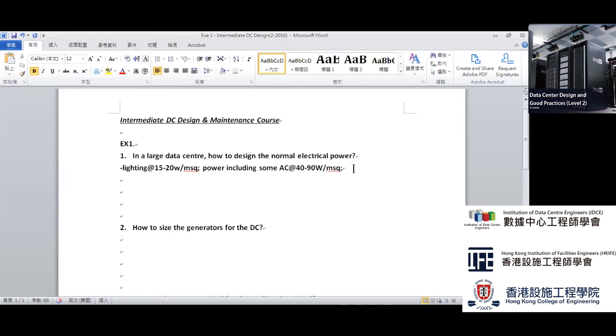Plus the rack power each. It can be say 2 kilowatt up to say 40 kilowatt each. Then you multiply by how many number of racks, right?